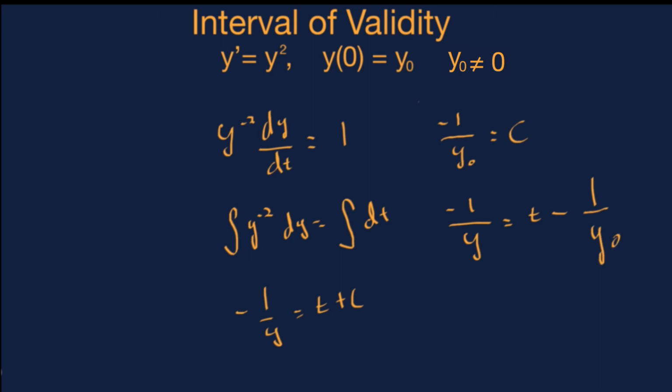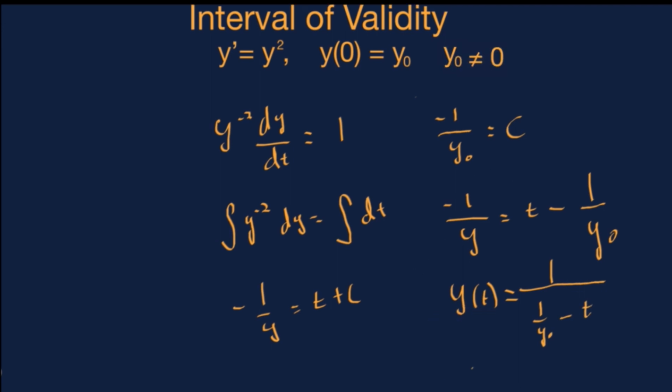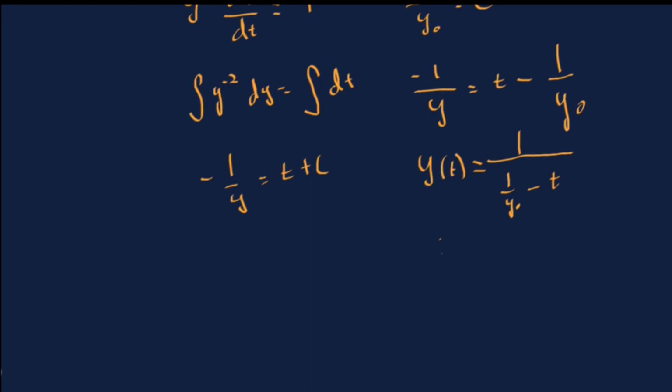So now we can solve for y of t by dividing by negative 1 and taking the reciprocal of both sides, and that will give us y of t is equal to 1 over y naught minus t. And we can simplify this by multiplying it by y naught over y naught, which will give us y of t is equal to y naught over 1 minus y naught times t.